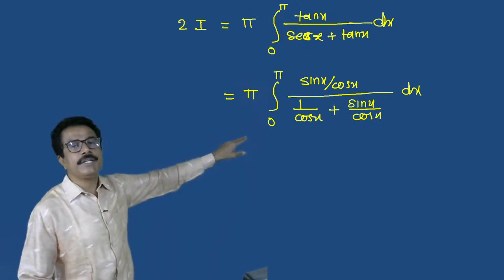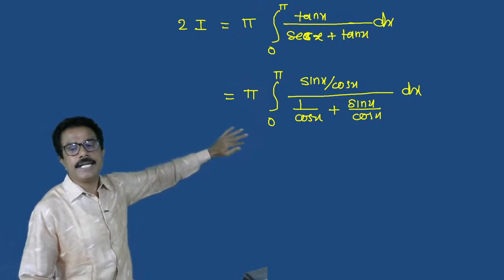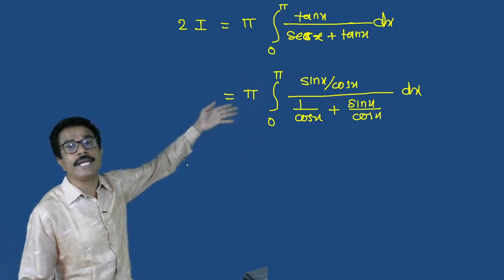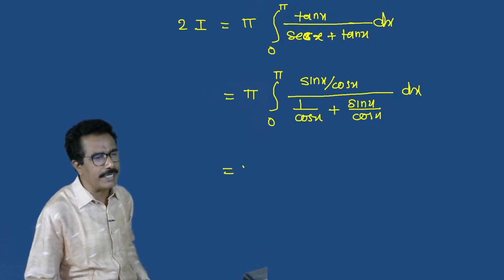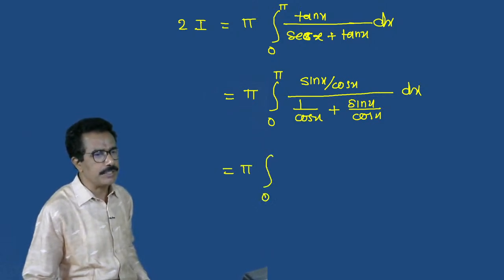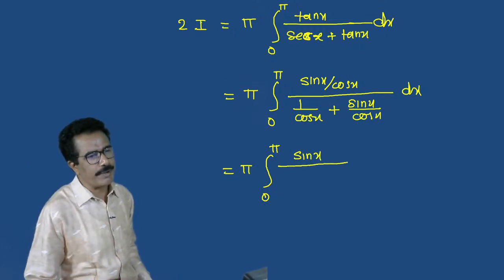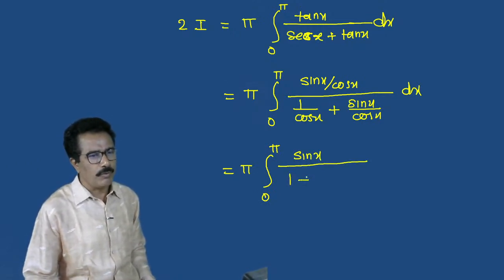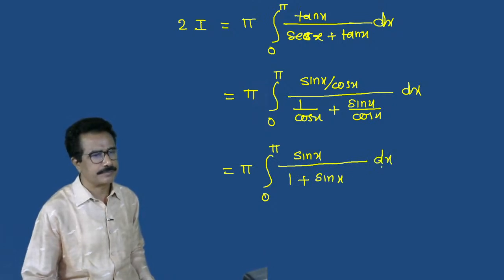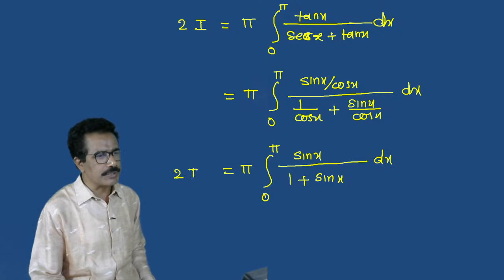In the denominator we can take LCM cos x, that cancels with the numerator cos x, then our final answer will be integral from 0 to pi sin x divided by 1 plus sin x dx. So this is 2I.